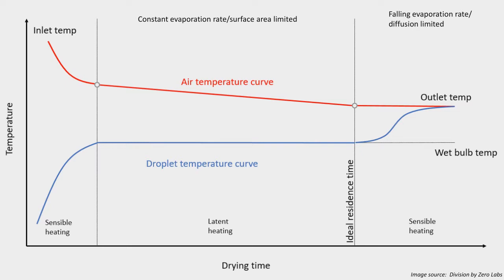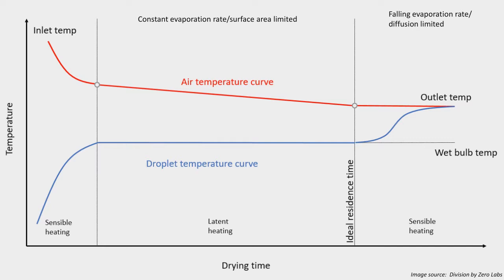Once the droplet hits the wet bulb temperature, you enter into a second phase of heat transfer, where it's a latent heat transfer step, meaning the energy transferred is used primarily to facilitate a phase change, and there isn't much temperature change for the droplet, even though the air temperature will be decreasing.